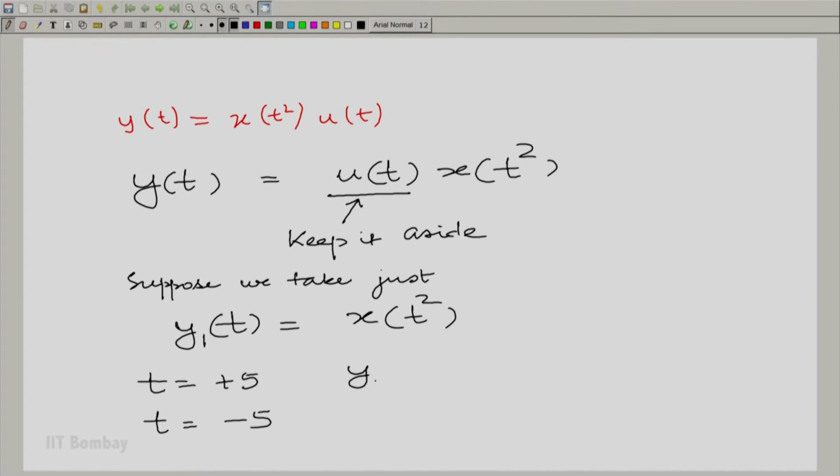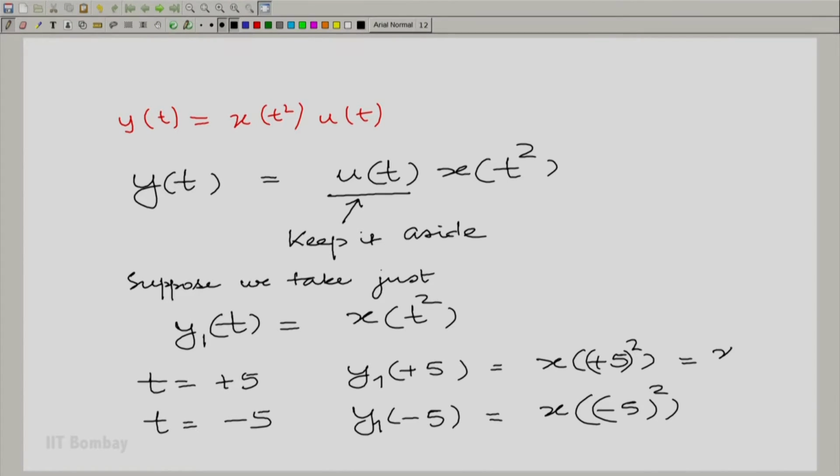It would say y1 at plus 5 is x at plus 5 squared, and similarly y1 at minus 5 is also x at minus 5 squared, but which is the same. So, y1 at minus 5 is x at minus 5 the whole squared, which is also x at 25.